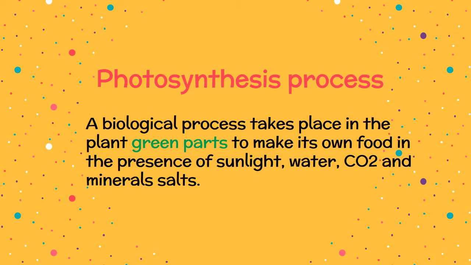So you know now the definition of photosynthesis process. The definition is: a biological process takes place in the plant green parts or leaves to make its own food, in the presence of sunlight, water, carbon dioxide, and mineral salts.